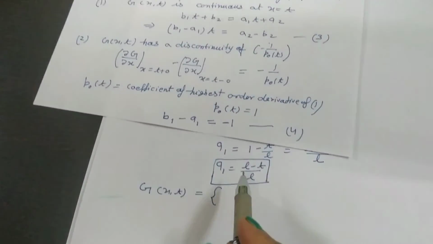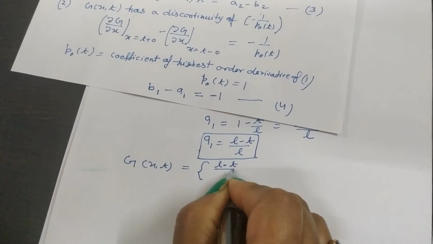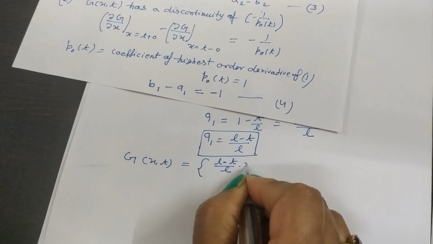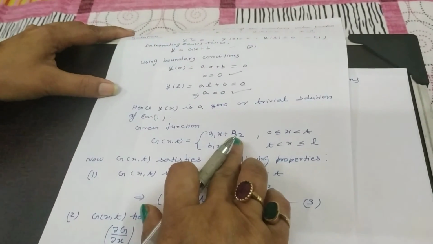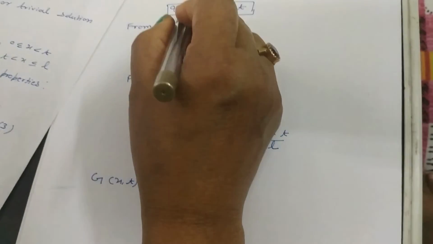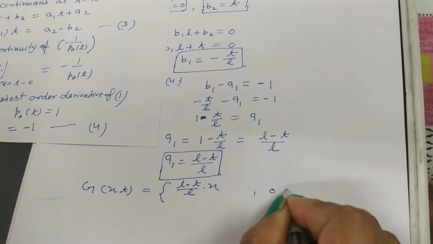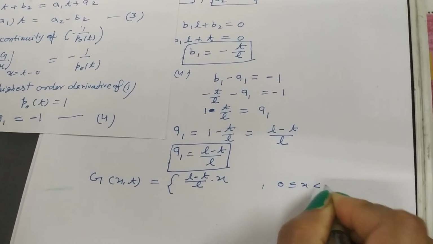Here a1 is (L minus t) by L, times x, plus a2 which is 0, for 0 less than or equal to x less than t.